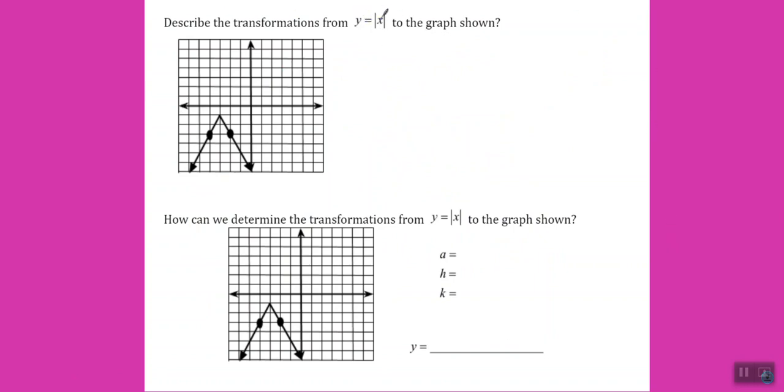So y equals the absolute value of x is one of our parent functions. This we know is an absolute value graph because it makes the V shape. And our starting point that's usually on (0, 0) is now down here. So if it's usually here, we know that the graph moved left. It also was moved down.